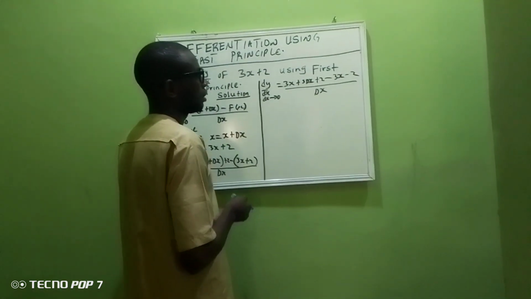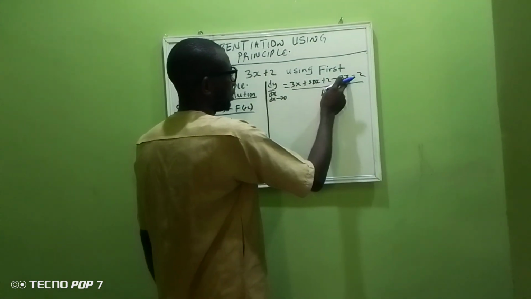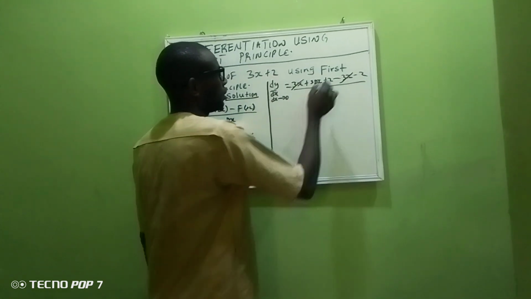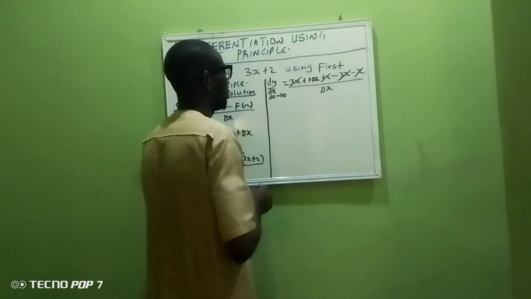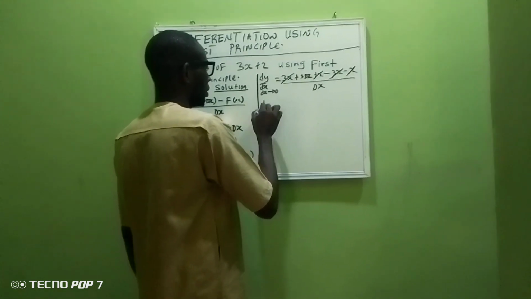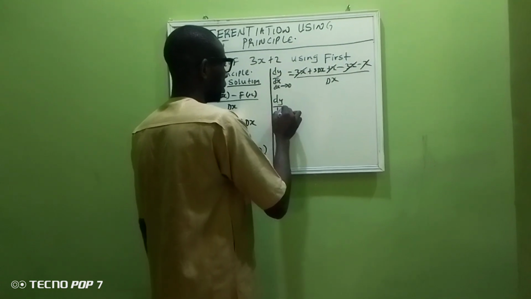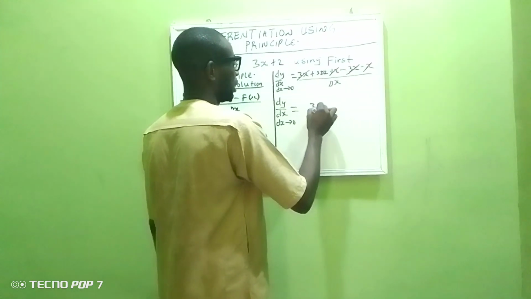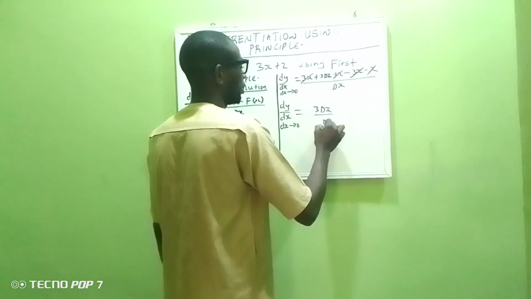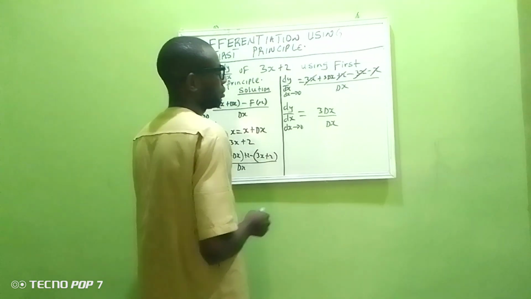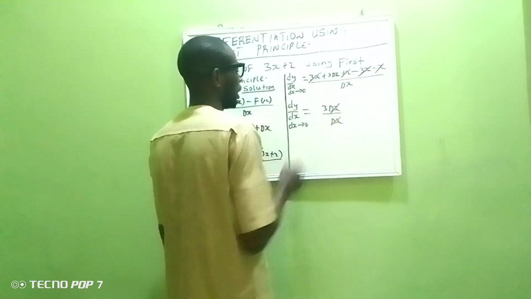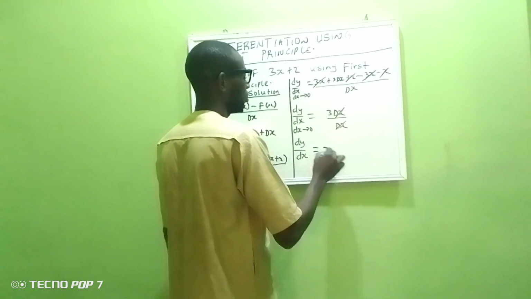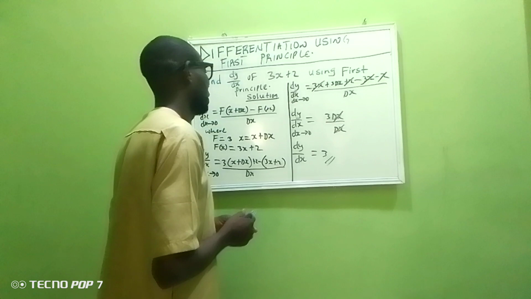At this point, you can see that we have 3x and we have minus 3x, so this and this can cancel themselves, and plus 2 and minus 2 can also go. Here we have dy/dx as δx tends to 0 will be equal to 3δx all over δx. At this point, the δx can cancel the δx. Then our dy/dx is equal to 3. So this is how to solve it.